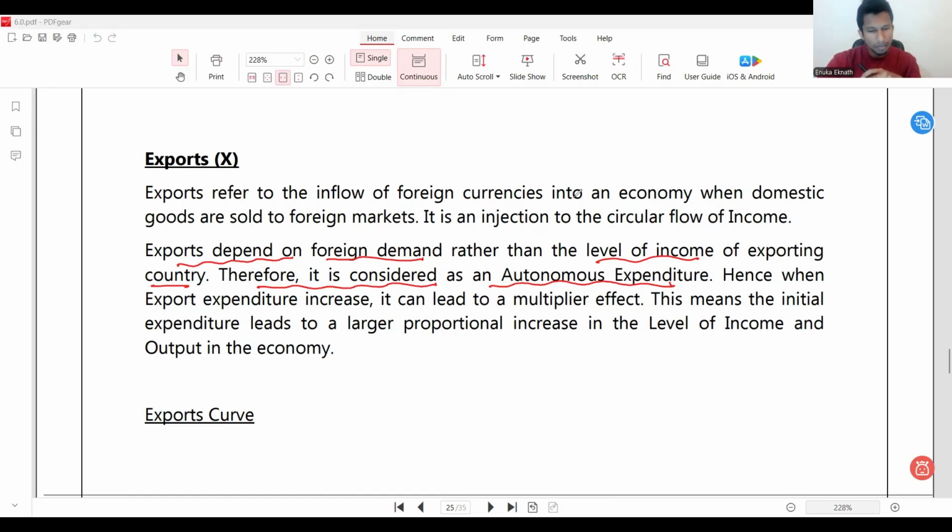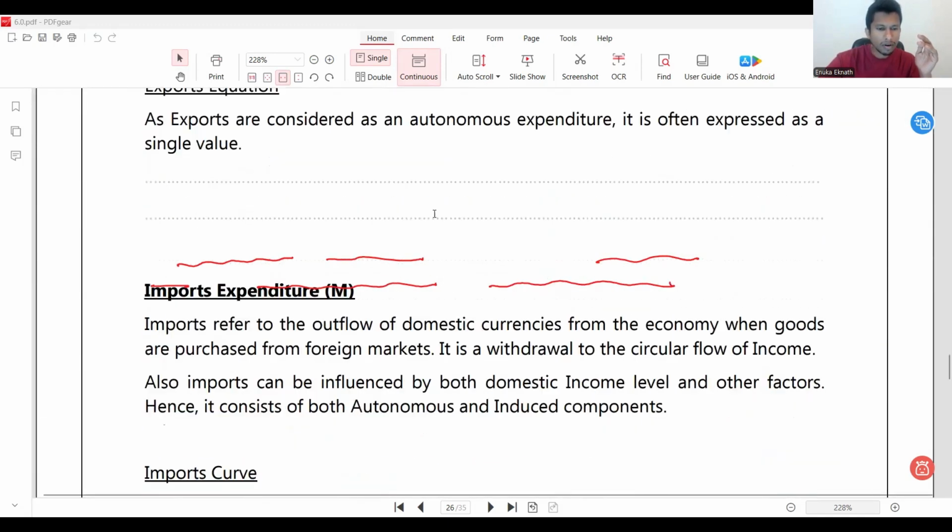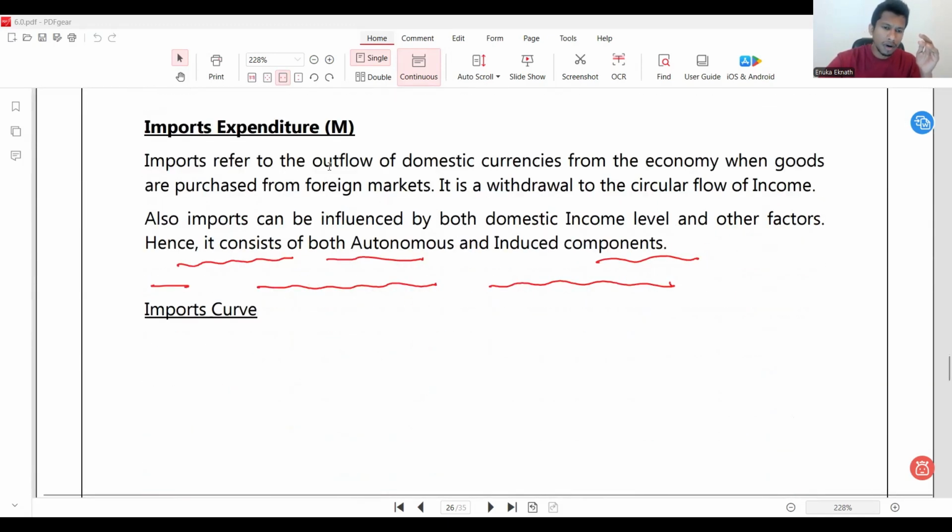But on the other hand, if you look at the note related to imports, you have import expenditure here, and it says imports refer to the outflow.